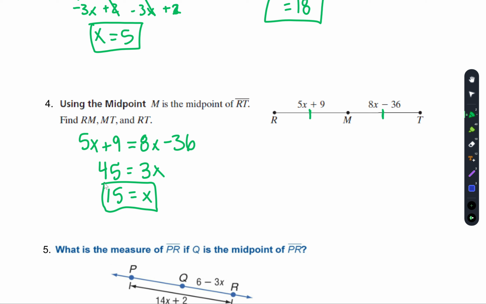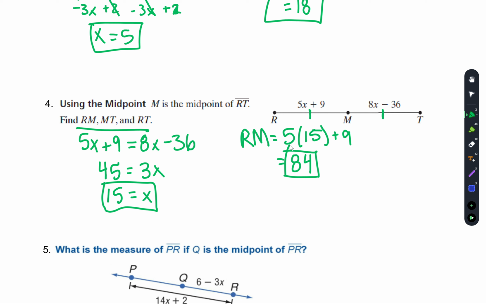And now to actually answer the question, I'm finding 3 different values, RM, MT, and RT. Let's start with RM. We plug it in. 5 times 15 is 75. 75 plus 9, 84. And now I don't want to sit here and have to do all that math 2 more times.